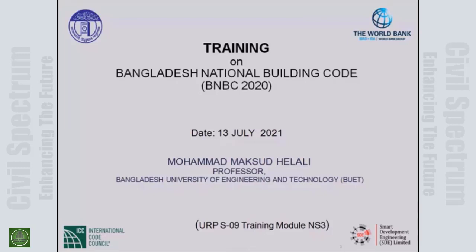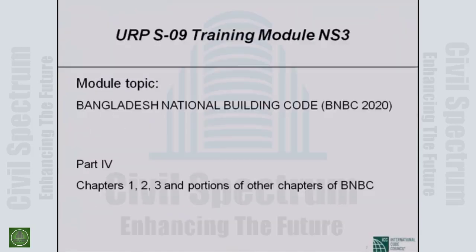Now I would like to give my presentation on the Bangladesh Building Code, BNBC 2020. The topic is the Bangladesh Building Code 2020, part 4. The title of this part is Fire Protection.